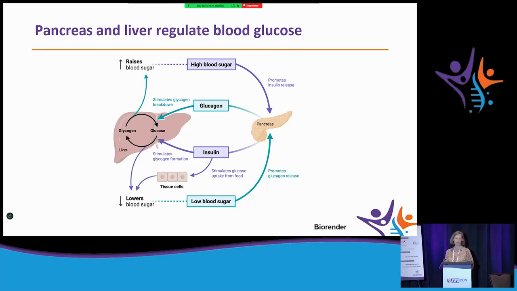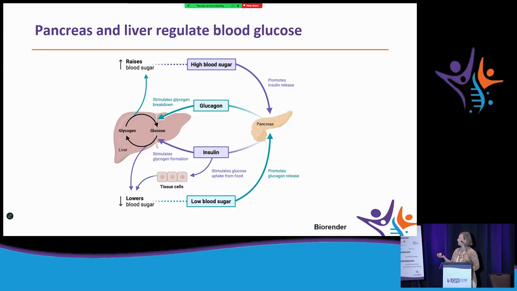And just as a little reminder, there are two main hormones that the pancreas will secrete. If the brain senses low blood sugar, it will cause the pancreas to release glucagon, which then liberates sugar from the liver so that blood sugar is released.